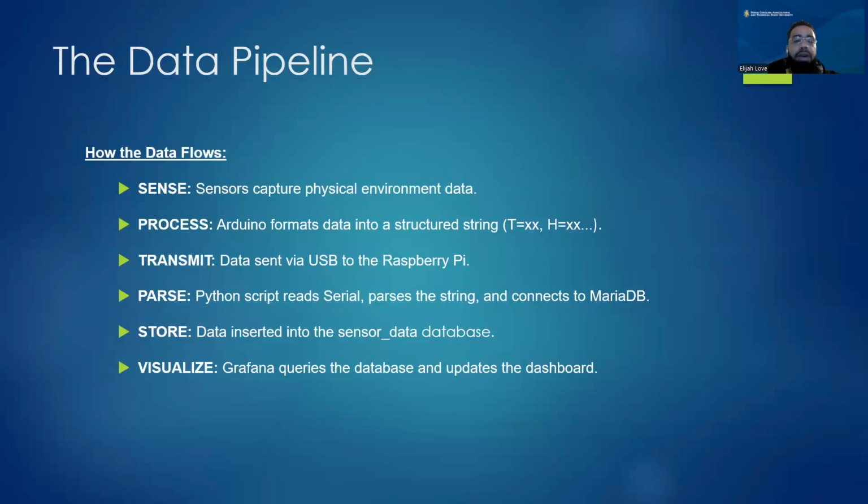On that Raspberry Pi, I have Kali Linux running, and I have a script that will parse out all the data coming from the Arduino and store it into a database. We're storing that into a sensor database, and then we can use Grafana to pull from this sensor database to give us the visualization graphs to see all the data and its trends.